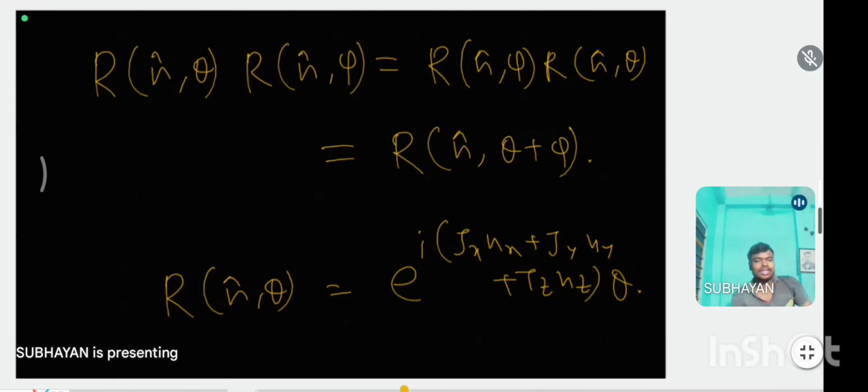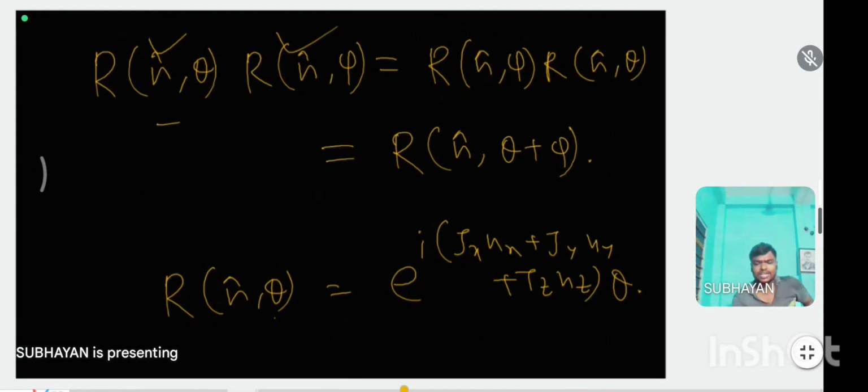Now these Jx, Jy, Jz are not abelian quantities. They are non-commuting, so you cannot guarantee that these two will commute, because the generators are not commuting.